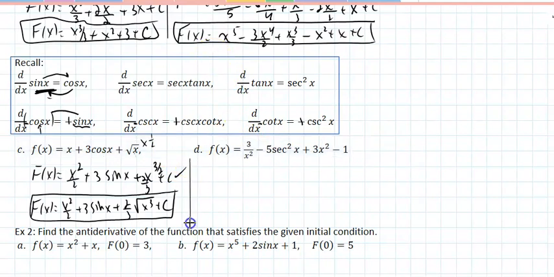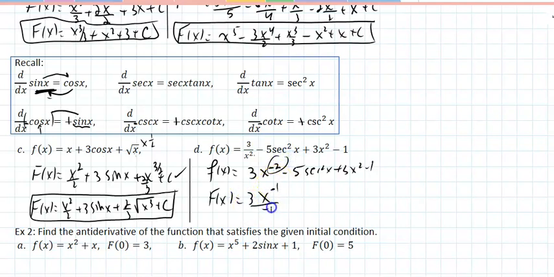And if I tackle the next problem, capital F of x, which is the antiderivative, well, I'm going to rewrite f of x first. I'm going to rewrite it as 3 times x to the negative 2. So capital F of x would be 3, add 1 to the power, divide by that. What do you take a derivative of to get secant squared? Well, that must have been tangent. Add 1 to the power, divide by that.